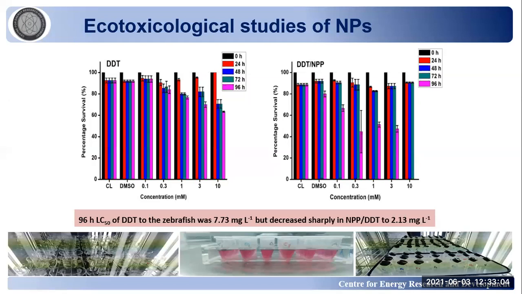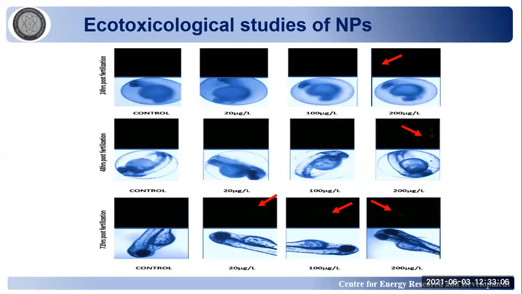And in order to understand this, we also carry out the fluorescent bioimaging, trying to understand the behavior of the nanoplastic with the animal. Our observation is that as the concentration of the nanoplastic increases, we can see that there are more of these particles absorbed on the surface of the larvae.